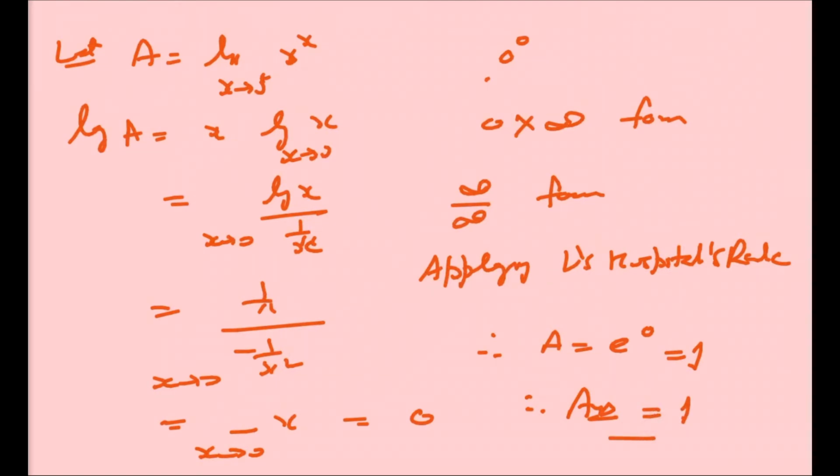Okay student, so this way you can evaluate questions of this form. Now student, most probably in this type of question you will see variable to the power variable, then you can understand and recognize the questions and you can solve in an easy way, right?